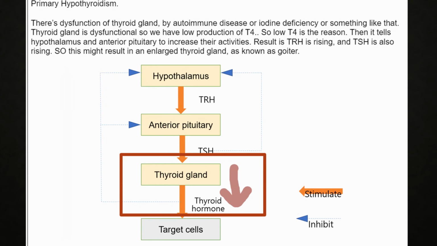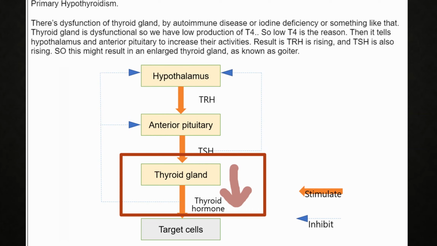Let's talk about primary hypothyroidism. There is dysfunction of the thyroid gland by autoimmune disease or iodine deficiency. The thyroid gland is dysfunctional, so we have low production of T4.